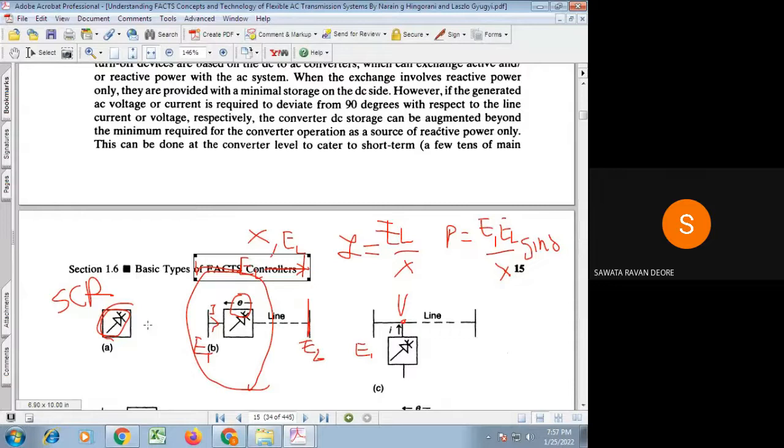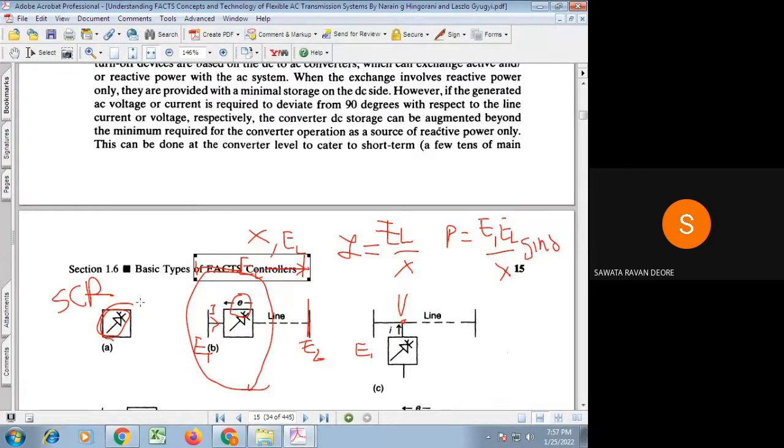By means of that, we are only able to control the turn on of this device. But for turning off the SCR, we need to use line commutation or forced commutation, or some other external commutation has to be utilized.